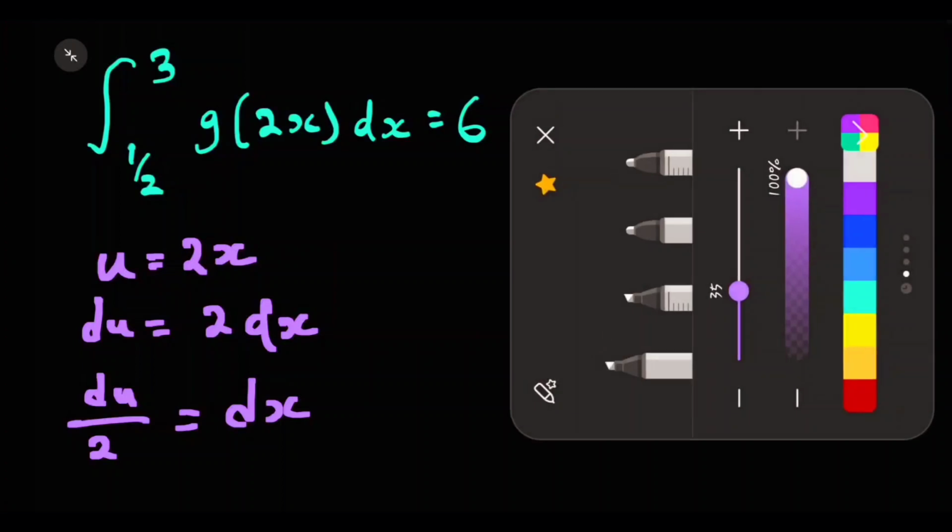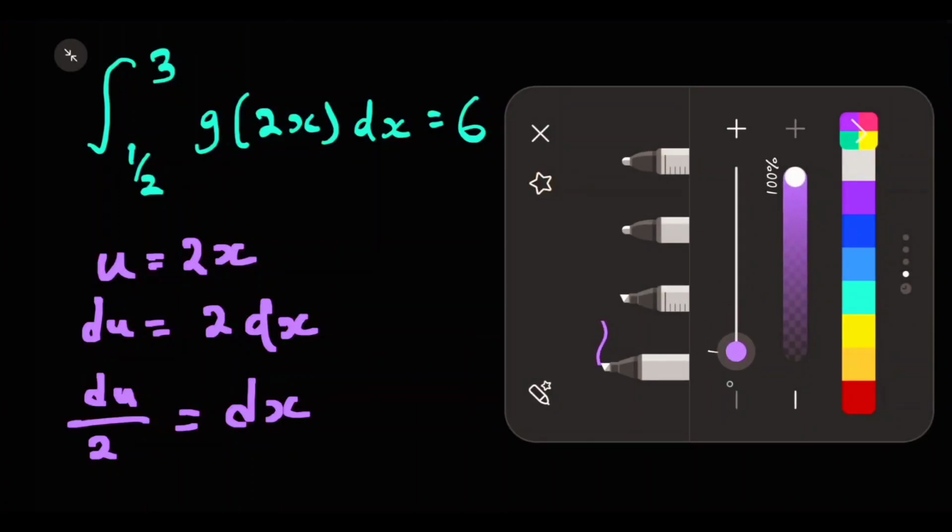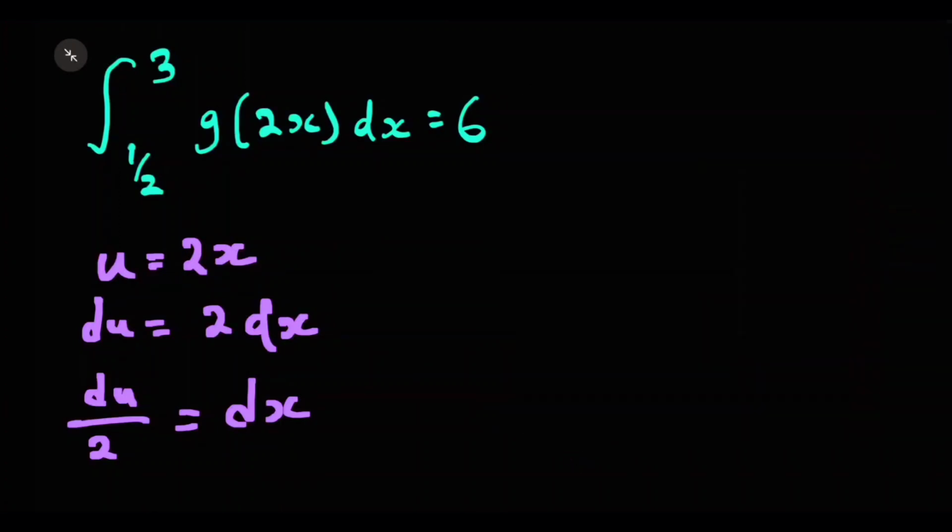If that is the case, it means we can rewrite this to be g of u du, but in this case du is du over 2, which, like I said before, would be written as 1 over 2.